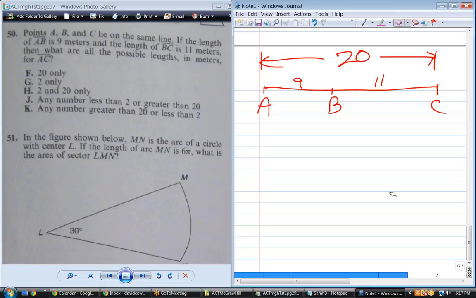It wouldn't be much of a problem if the answer was 20 only. So you can kind of figure out that there must be something else going on here that I'm not drawing in my model. What could it be? The points don't have to be A, B, C. They could be CBA or CAB or any combination. They just all lie on the same line. And the moment you make that realization, you come up with the right answer at some point. There's still a little bit of work to come up with H as the right answer, but you can do it.